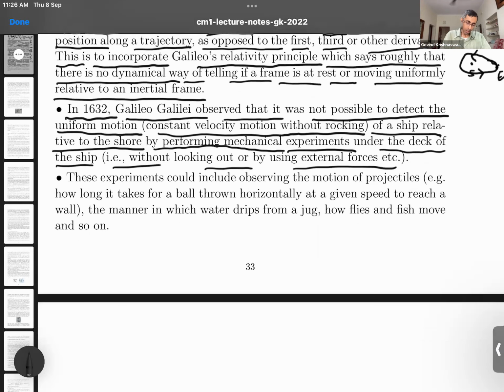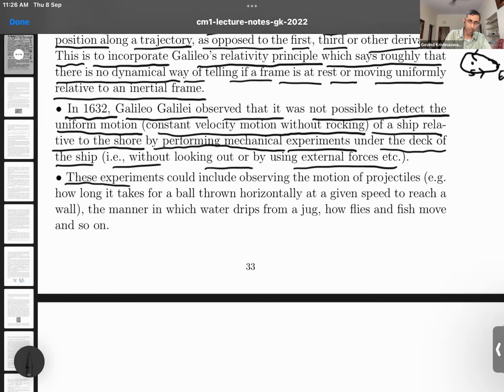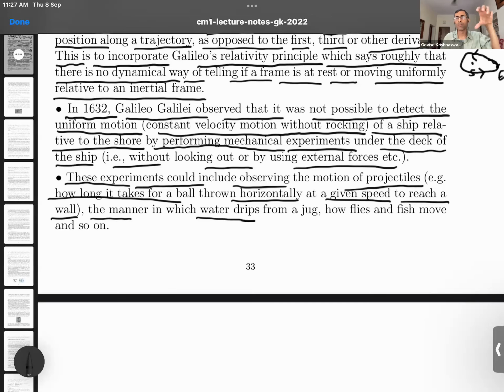In fact, let me say more about what these experiments could be, because he says it very graphically and very beautifully. These experiments could include observing the motion of projectiles, such as how long it takes for a ball thrown horizontally at a given speed to reach a wall. It could also include the manner in which water drips from a jug. You keep a jug with some water inclined at a certain angle, and you see how the water drips: the direction of the dripping, how much water drips, all these questions you can examine.